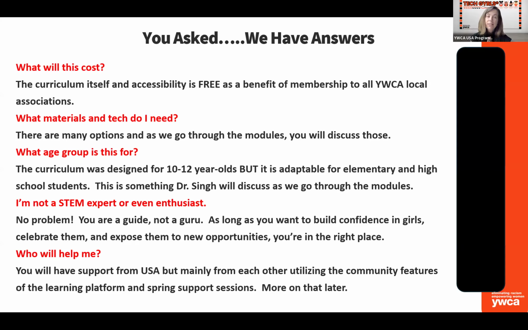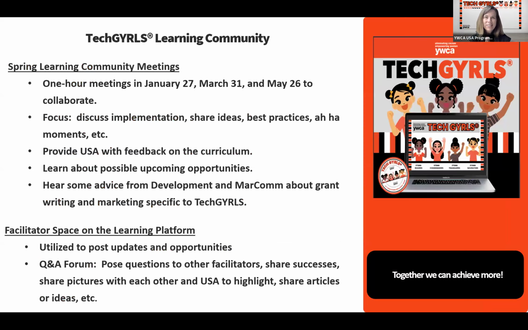And then the other question is: who will help me? In the spirit of what this is, we're going to start peer learning groups in the winter. There will be three options between January and June for us all to come together, lean in with each other, and learn from each other. There will be learning communities coming up on January 27th, March 31st, and May 25th.